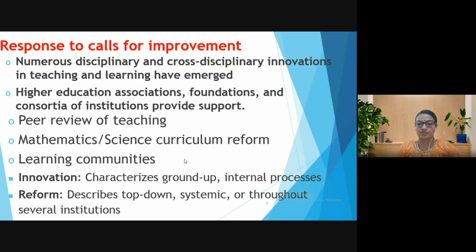The response which calls for improvement is that numerous disciplinary and cross-disciplinary innovations in teaching and learning have emerged. We know that because, coming from management, we are collaborating with the engineering graduates. So there we try to improve on a lot of research-based studies along with the engineering teachers.